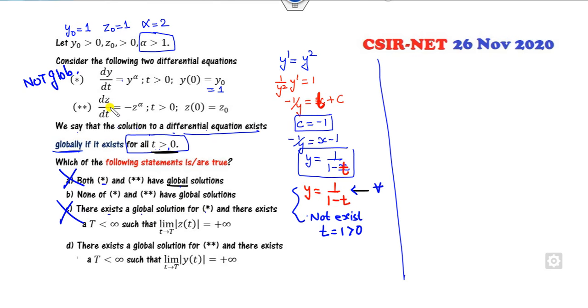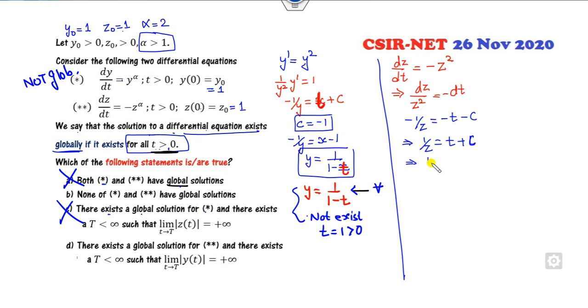Now look at this second option. dz over dt is minus z square. So if I take z square on this side, it is minus dt. Now if I integrate them, minus 1 over z is minus t plus constant c, so 1 over z is t plus c. z0 is 1, fine.